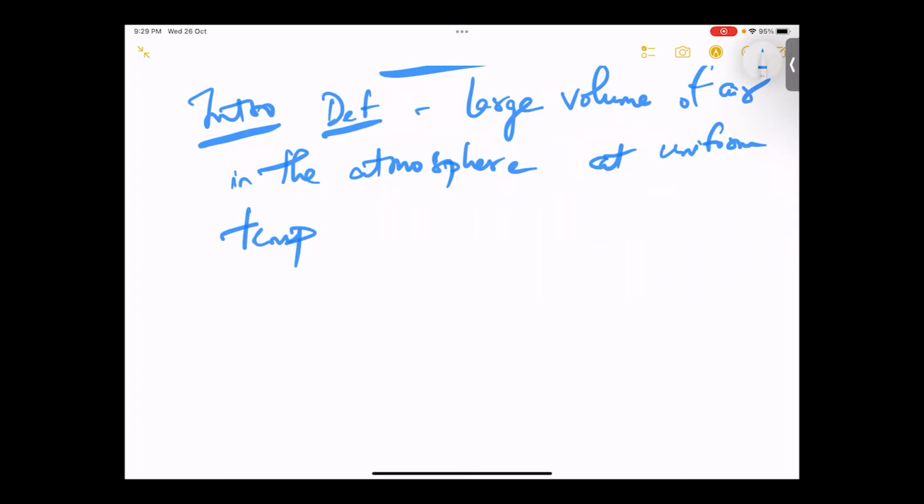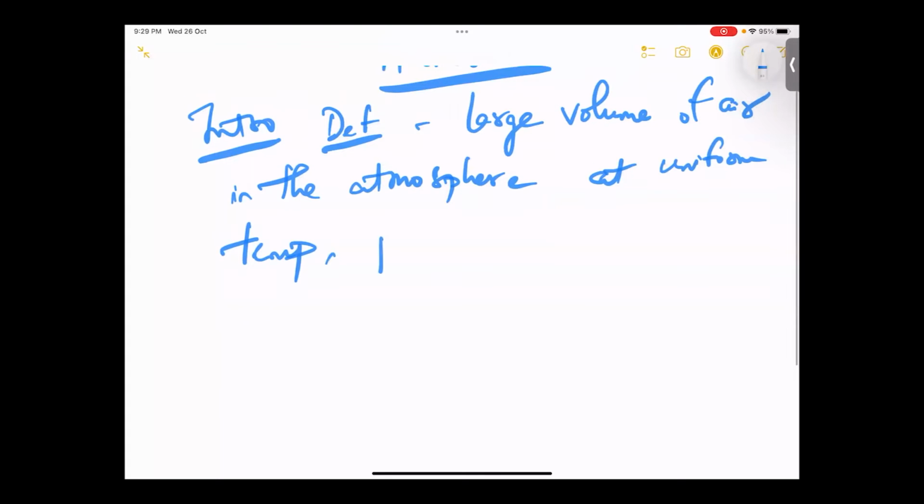It is a large volume of air in the atmosphere at uniform temperature. Sometimes uniform pressure, and obviously sometimes some moisture. So this you have to remember. There is no alternative to remembering the definition of air mass for this particular answer.